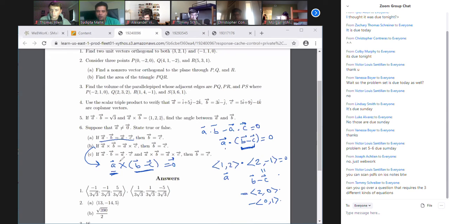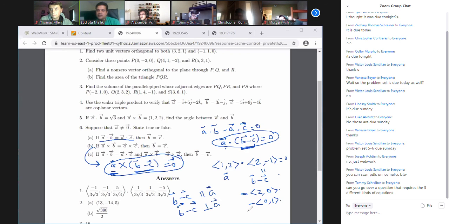But if you have both, that's the part C. If you have this, B minus C is parallel to A, and if you have this, B minus C is also perpendicular to A. So A is not a 0 vector, right? B minus C is perpendicular and parallel, so the only way that can happen is that this is a 0 vector, which means B equals C. Okay, that makes sense. Gotcha. Thank you.